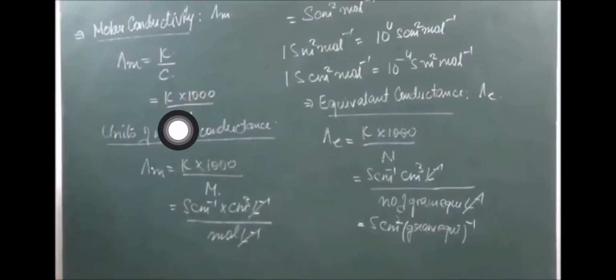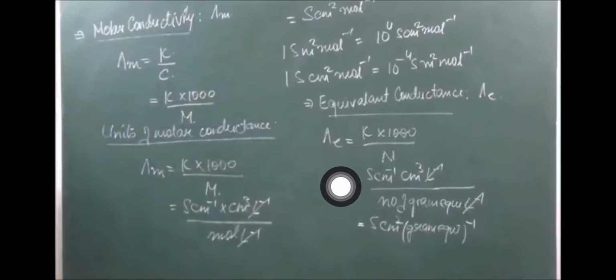So moving further, what is equivalent conductance? There are two different terms. Molar conductivity is denoted by lambda m, and equivalent conductance is denoted by lambda c. Here c stands for concentration. Here we have written m for molar, and here we are writing c for equivalent concentration.